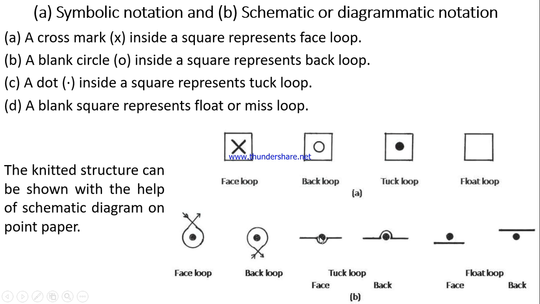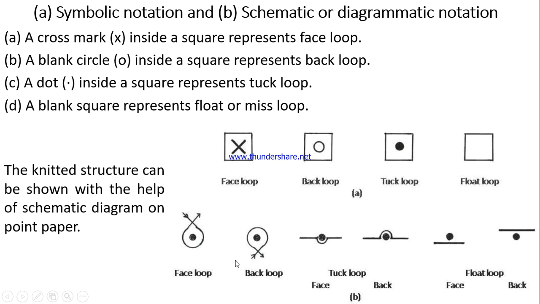When there is the dot and there will be the undercover, that is the tuck loop of technical face, and when it will be the overcover, that will be the tuck loop of technical back. In case of float loop, there will be no round over. Only there will be a straight line, that is the presentation of float loop. When it is underlined, that is the face loop. When it is overlined, that will be the back loop.